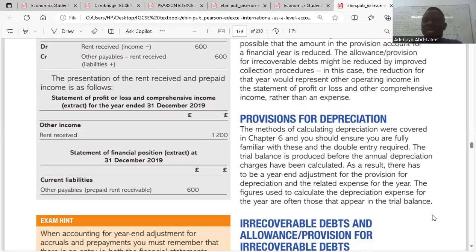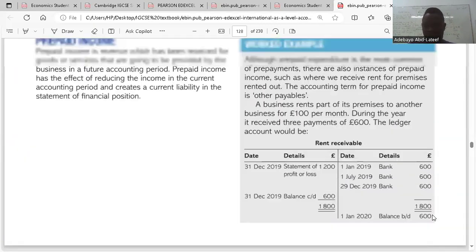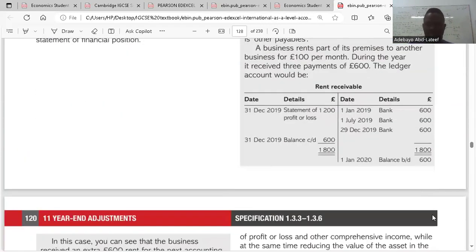And in our statement of financial position, we're going to have our other payables as current liabilities, which will be the amount that is due to be used from January 1, 2020 to June 2020, for 600. So that's how we prepare prepayments on prepaid income. Thank you.